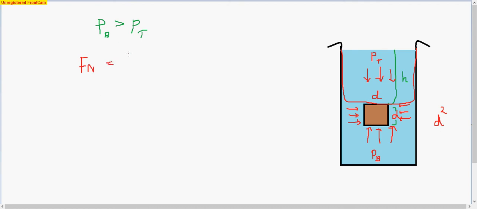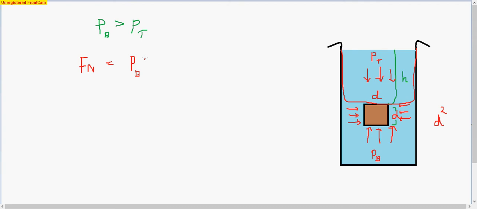Fn will be, since the equation for pressure is force by area, force will be pressure into area, right? So what is the first one? So the net force will be PB, sorry, the first PT, no, PB.